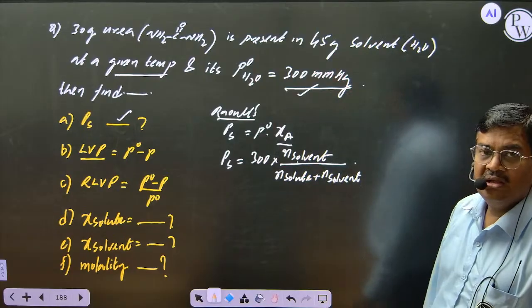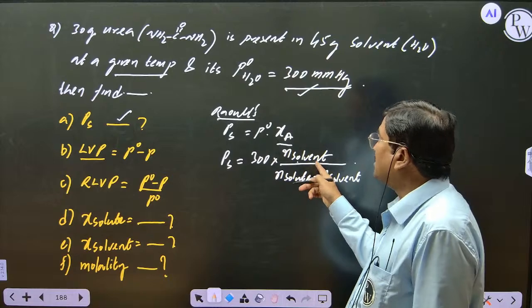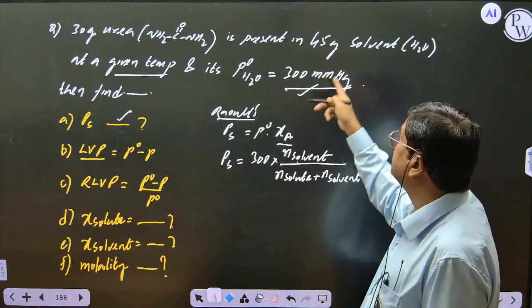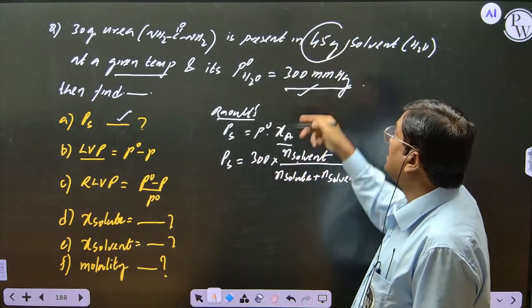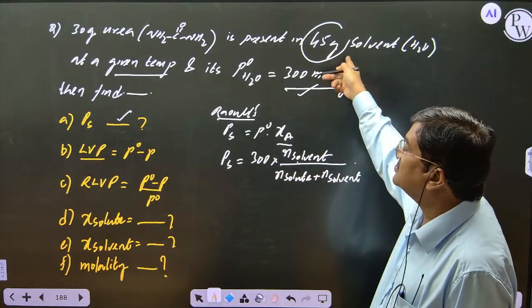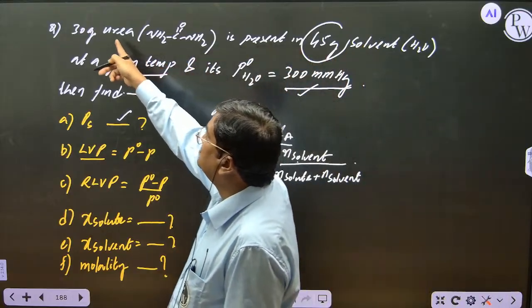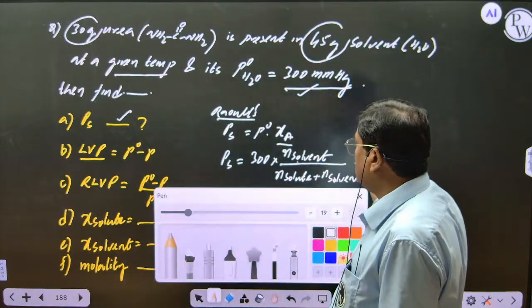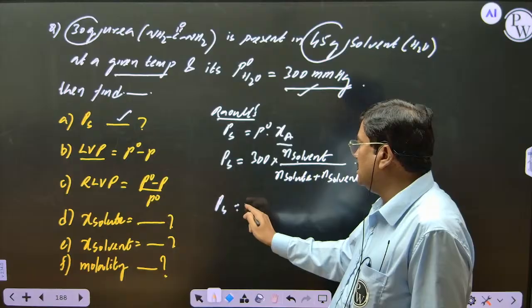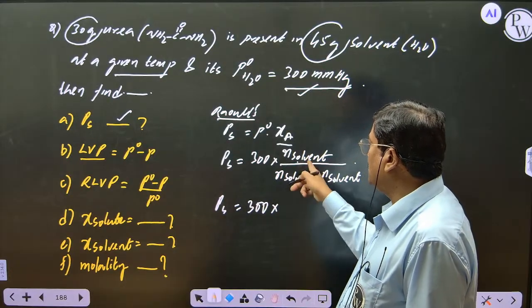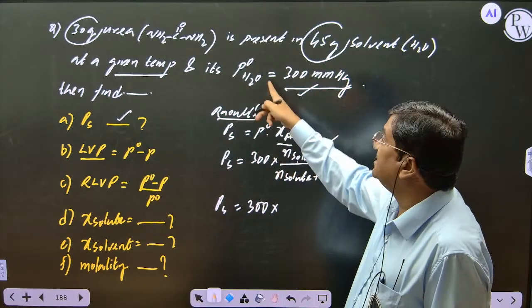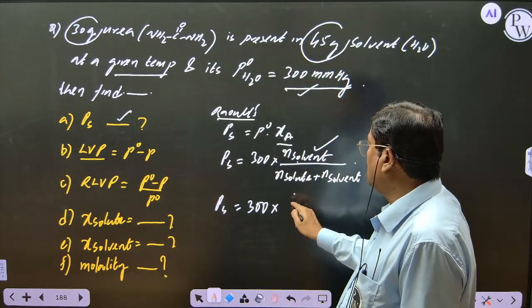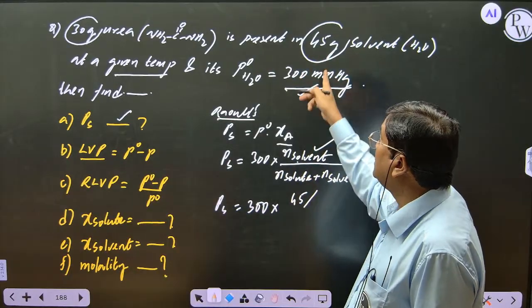Getting the idea? Now had you been given the moles of solvent directly? No, the mass is given. How many grams? 45 grams is the solvent weight and the solute mass is 30 grams. So what you do? PS is equal to 300 into. Now how do you get the moles of solvent? Mass given is 45. What is the molar mass of water?